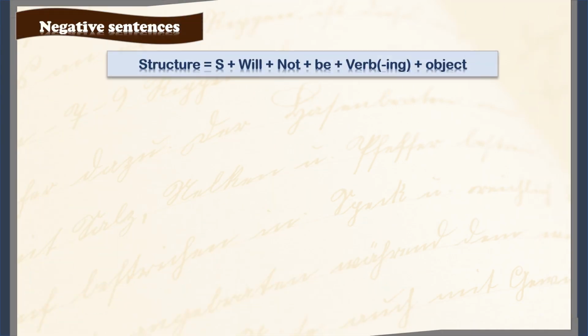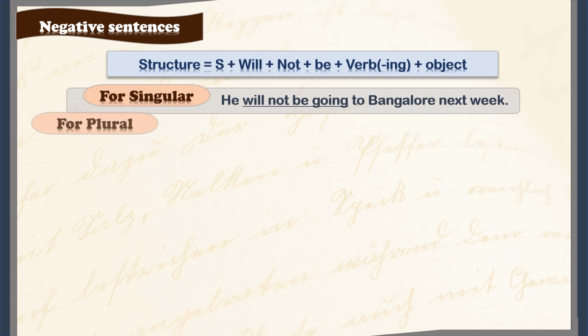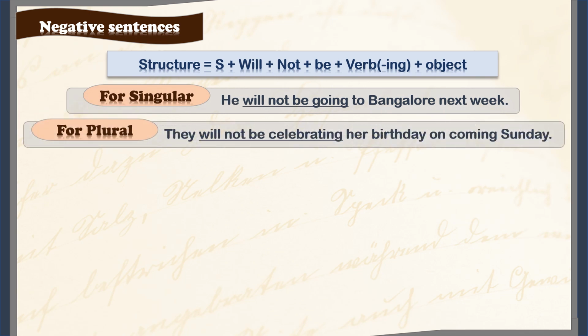Structure for negative sentences: subject plus will not plus be plus verb with ing plus object. Example for singular, he will not be going to Bangalore next week. Example for plural, they will not be celebrating her birthday on coming Sunday.